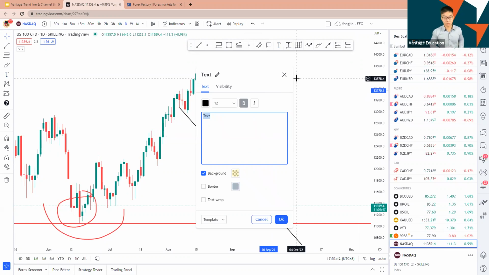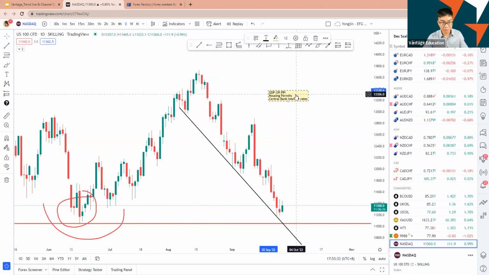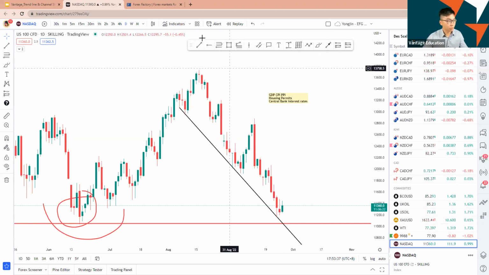So right now, if I want to get the market economy movement, what I'll look for is the GDP, CPI, PPI, housing permits, and the central bank interest rates. For all of these, what I'm actually doing, I took from Forex Factory.